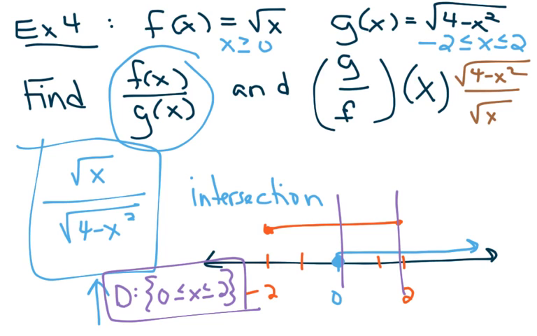That means the domain is going to be about the same. However, there's one little minor difference. In the first function, f of x over g of x, what happens if you plug in 0 for x? Well, the answer is you get 2.